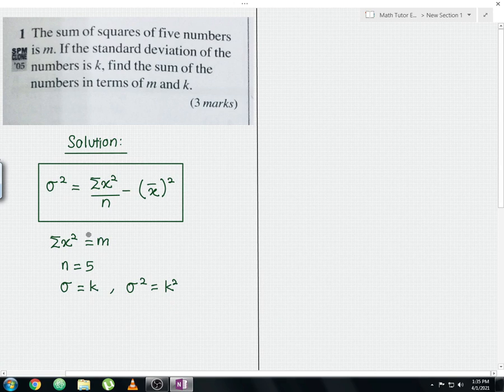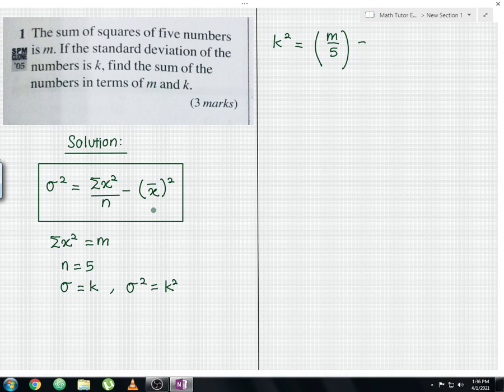So all the values that we have obtained, we're going to substitute in this formula over here. Let me continue the working over this side. K square is equal to, in a bracket, m divided by 5, close bracket, and then you minus the mean square. But then you have a problem here. You don't know the exact value of the mean, but you should know how to find the mean value, guys. To find the mean value, you divide the sum of numbers by the number of values of data.